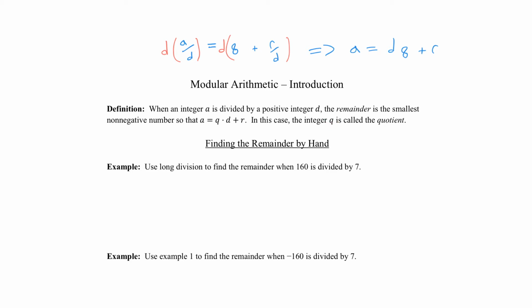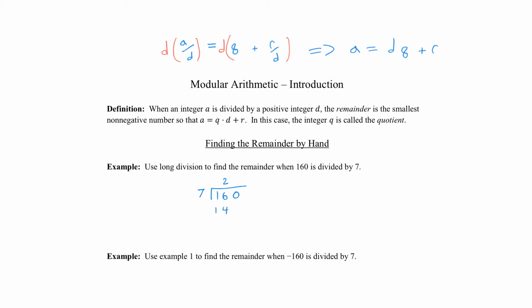Okay, so let's try to actually find some remainders just using a traditional method of long division. So how many times does 7 go into 160? 7 goes into 16 twice, or 20 times if you like. So 7 times 2 is 14.